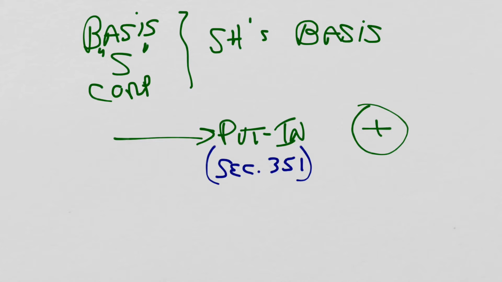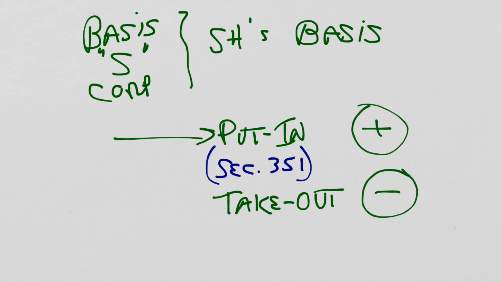By the same token, what you take out, like a restaurant, what you take out is a subtraction from basis. And that sort of makes sense, right? Take it out, it's a return of basis. It's a return of your capital. If you look at this one as the capital, which it is, this is a return of the capital. Okay?